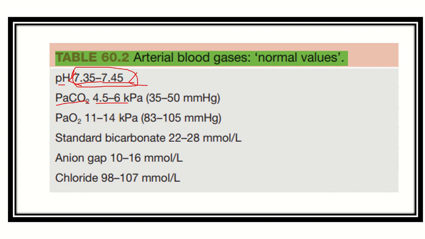The third is the standard bicarbonate level, which is 22 to 28 millimole per liter. These three parameters are very important. Other values: the partial pressure of oxygen is 11 to 14 kilopascal, anion gap 10 to 16, and chloride 98 to 107 millimole per liter. So these are the normal parameters to read for any ABG report.